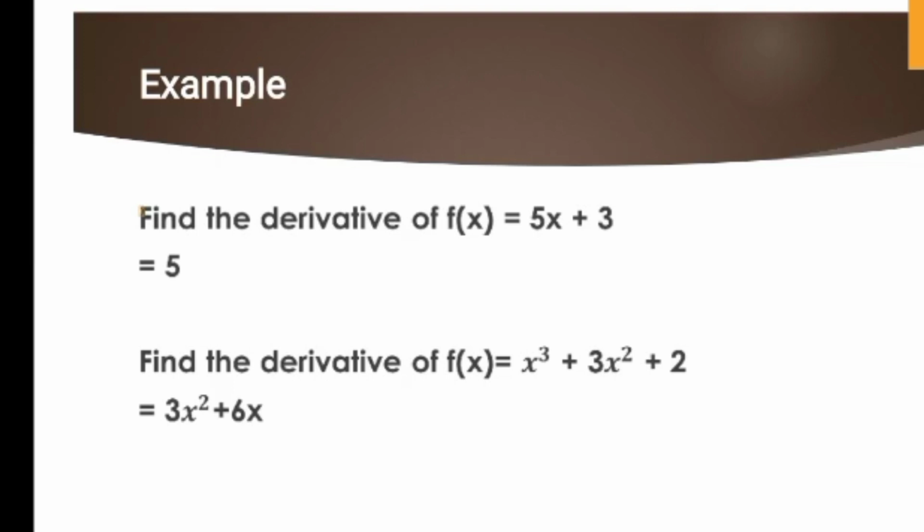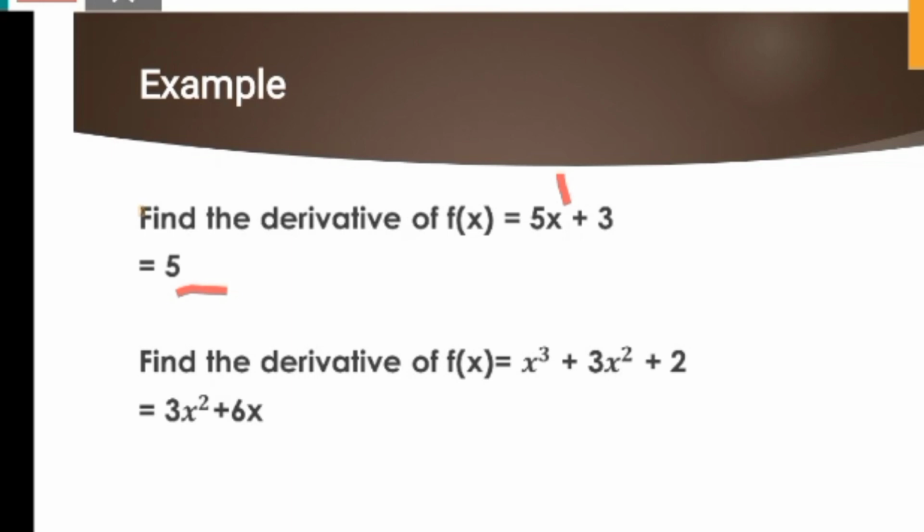So in this case, we all know that we have an imaginary 1 as the exponent of x, right? So we're going to multiply it by the constant 5. So 1 times 5, we have 5, and then the x would be cancelled because there's no more exponent.